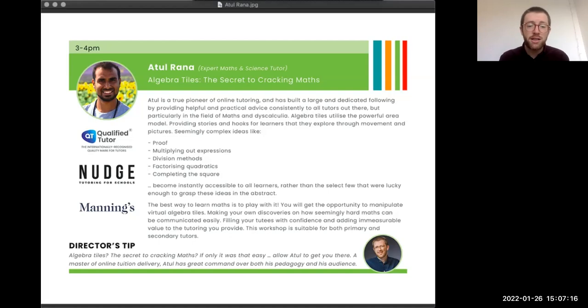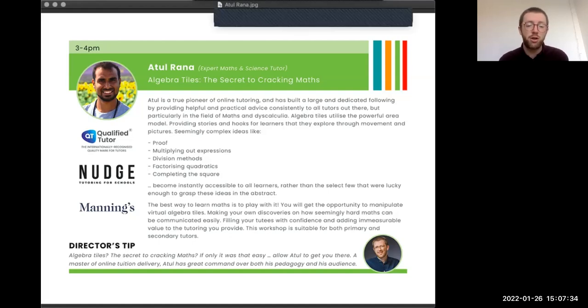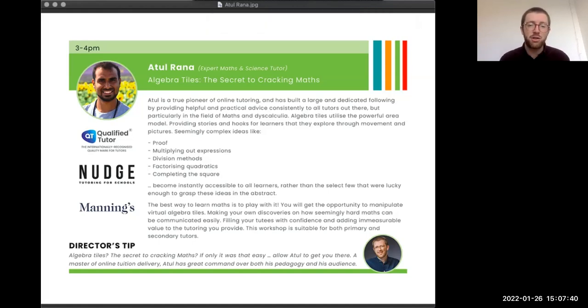Atul's quite right. The best way to learn maths is to play with it. You will get the opportunity in this workshop to manipulate virtual algebra tiles, much like in Judy Bryce's CPD accredited workshop this morning, making your own discoveries on how seemingly hard maths can be communicated easily, filling your tutees with confidence and adding immeasurable value to the tutoring you provide.